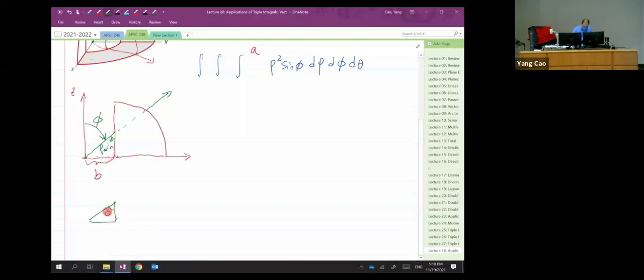This is phi, this side is b, and this side is the rho min you're looking for. So apparently rho min equals b over sine phi, because rho min times sine phi equals b. So rho min is b over sine phi. And that's how you can label your rho min here as b over sine phi.